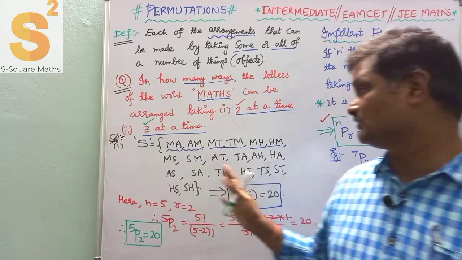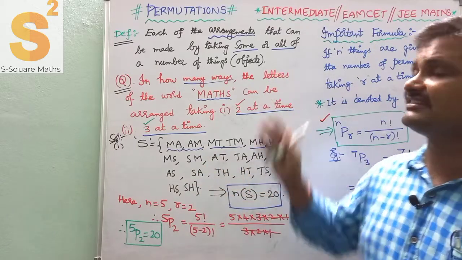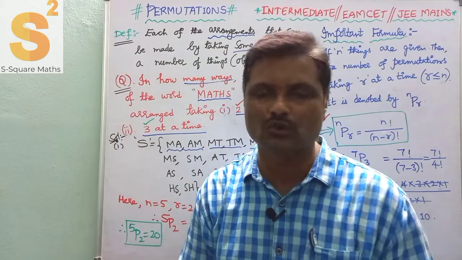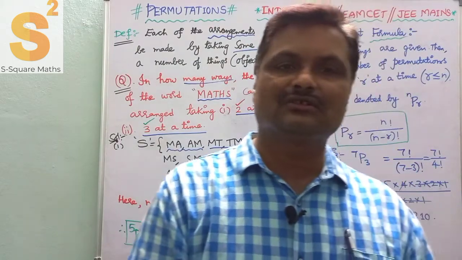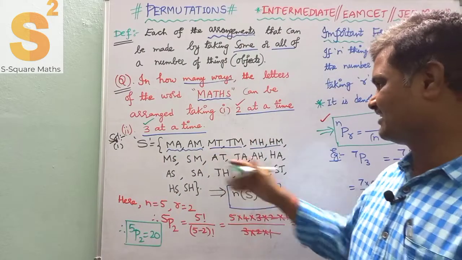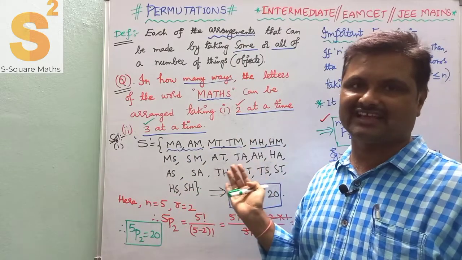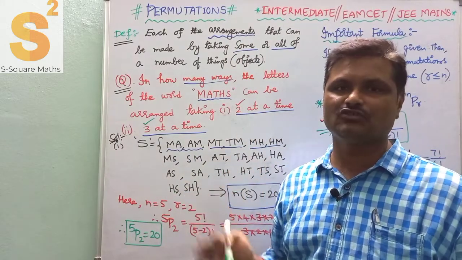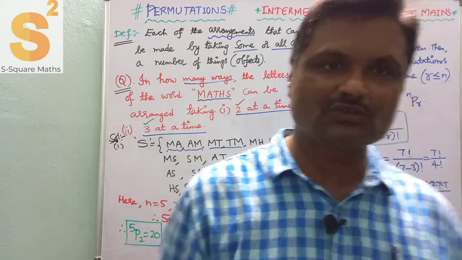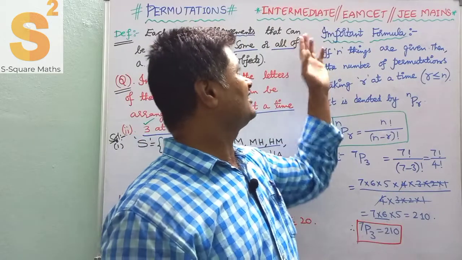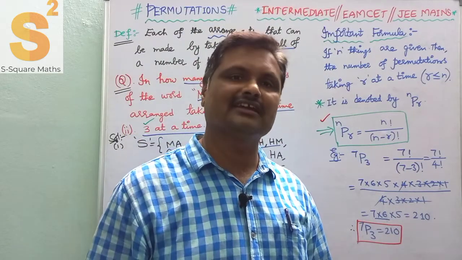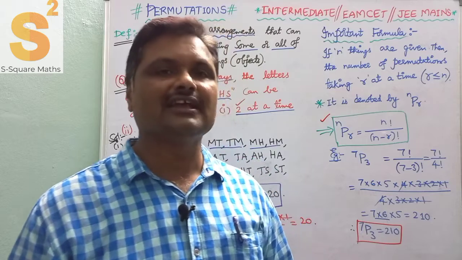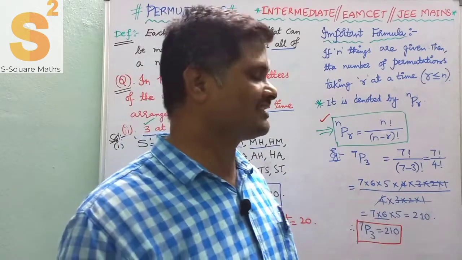Okay. So this is nothing but our permutations which plays an important role. Interesting. For school level children also, this takes as a logical oriented one to boost up their knowledge. So it is important for intermediate, MSET, for various boards, and at the same time JEE Mains also.